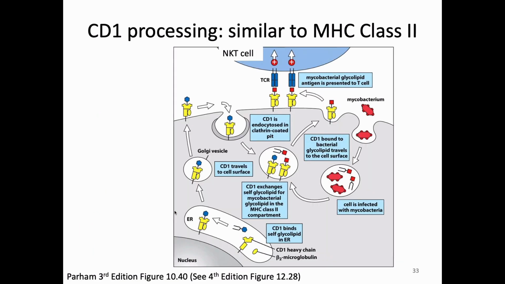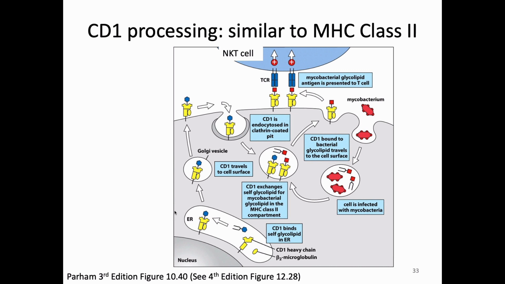If we look at where CD1 acts in order to pick up its lipids, the processing steps for CD1 look exactly like Class II. So structure Class I, processing Class II.